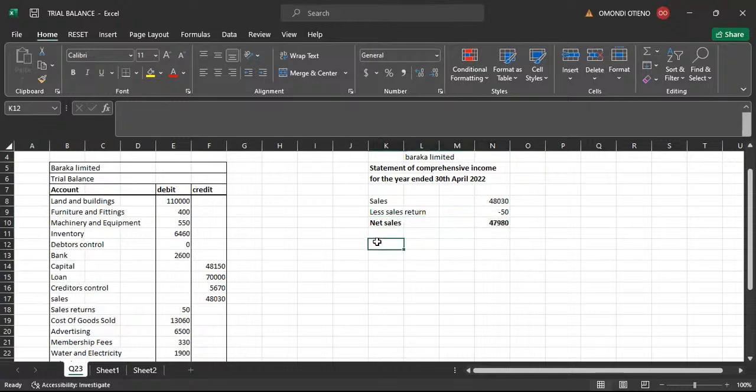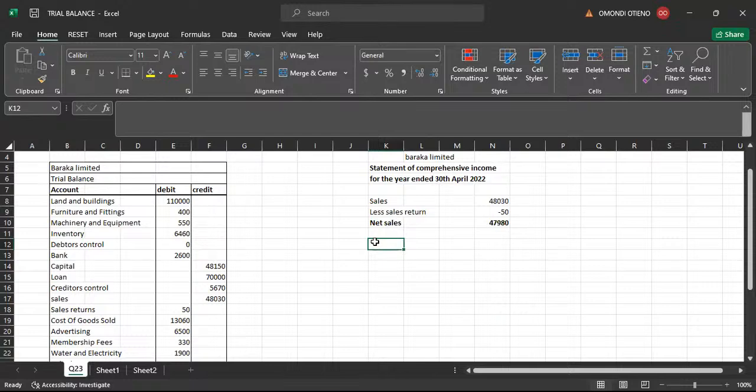Then after getting sales there, we are now going to look at the cost of sales to get gross profit. For us to get cost of sales, it is opening stock, add purchases, less returns outwards, add carriage inward to get cost of goods available for sale.